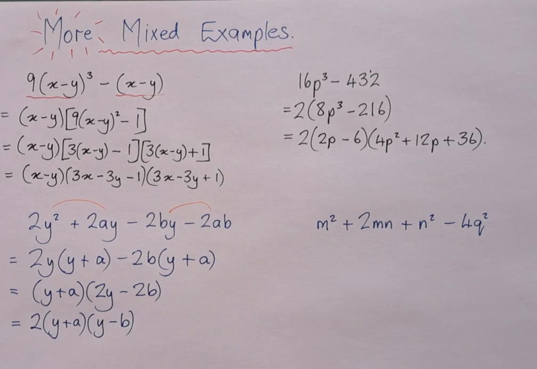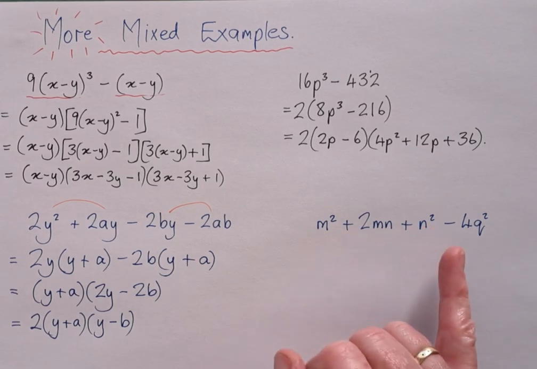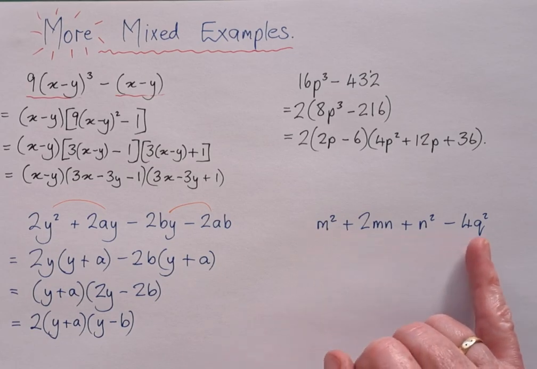Okay, let's have a look at the last one, which really requires quite a bit of analysis to see how to start. So you're looking at it, you're seeing 4 terms, and you're thinking, okay, that looks like grouping. So then you start to see what can you group, and you're looking at different options, and then you're probably noticing, oh, I've got m's and n's, and then suddenly I've got a q over here.